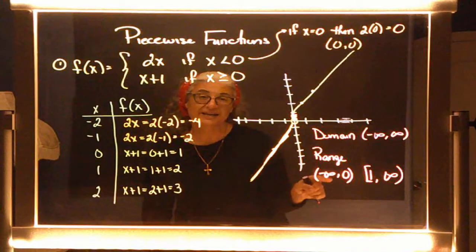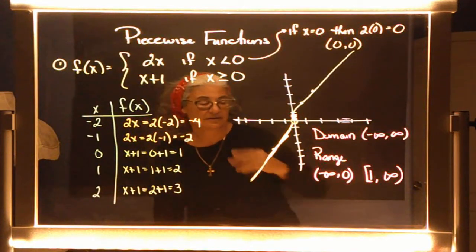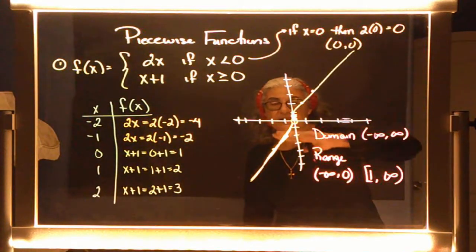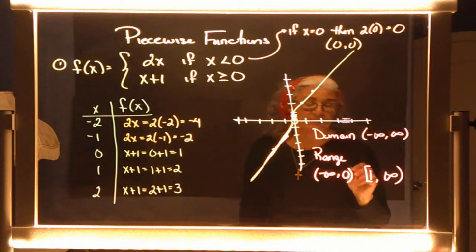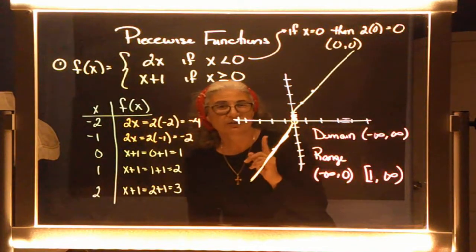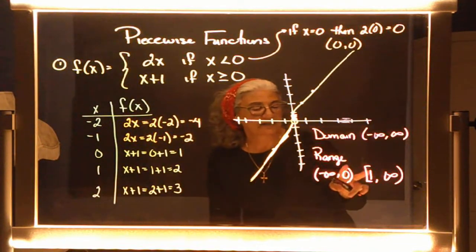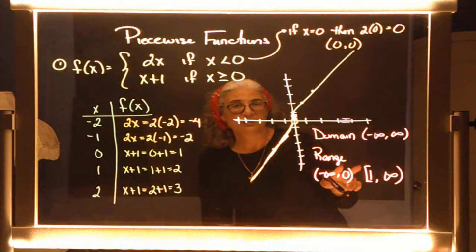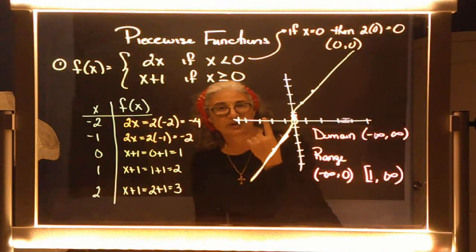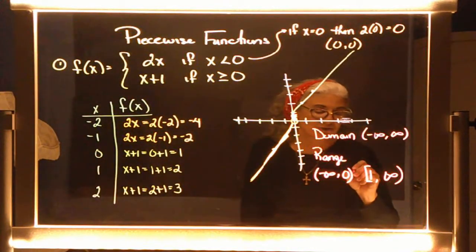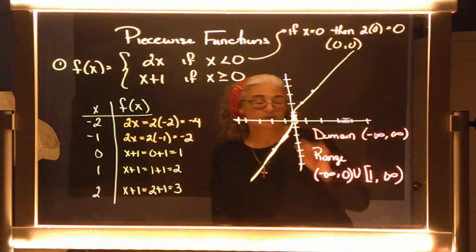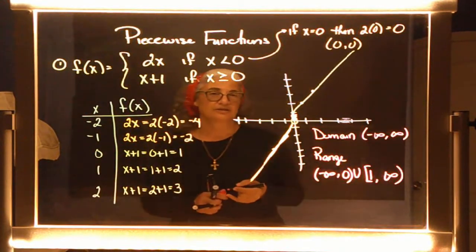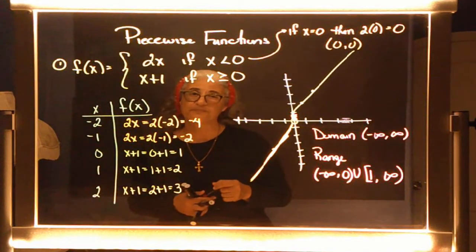So the range is in two pieces, from negative infinity up to y equaling 0, because the next part picked up at y equaling 1 all the way to infinity. And remember the inequalities that we graphed before? When I have two intervals, how do I combine them into one? Yeah, you use the union symbol, the or. My range is in this interval or this interval. Does this make sense? Are you with me?